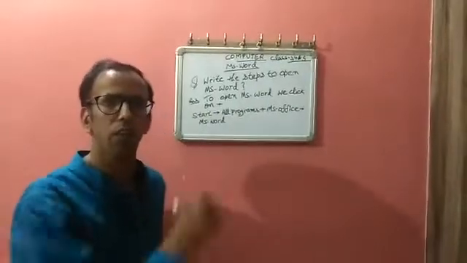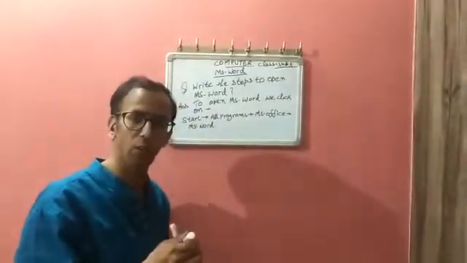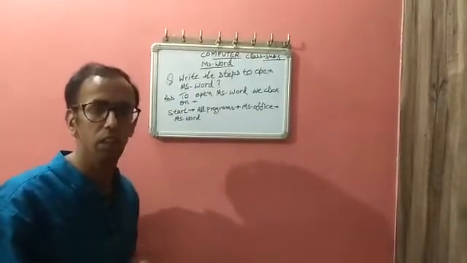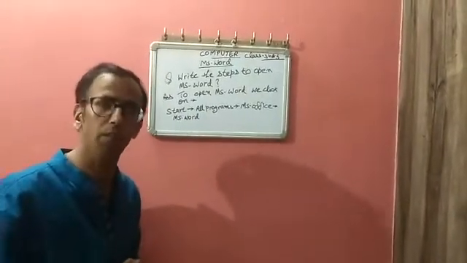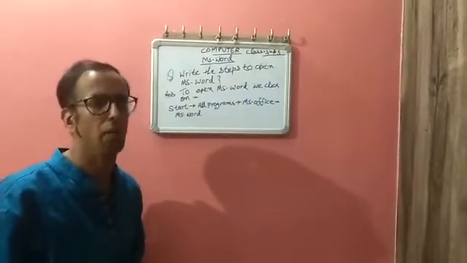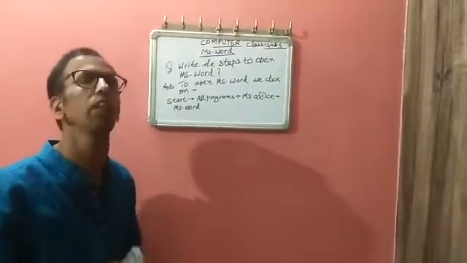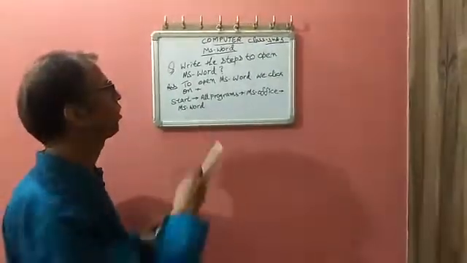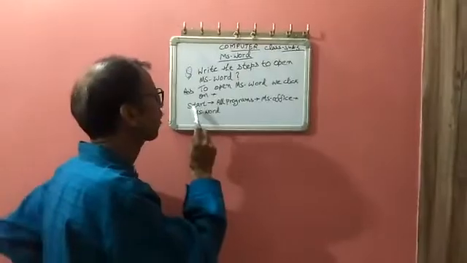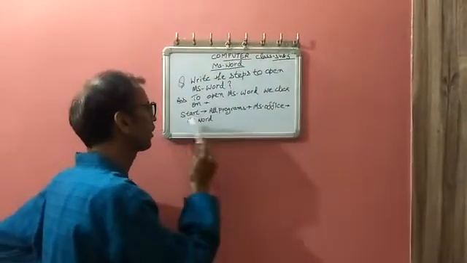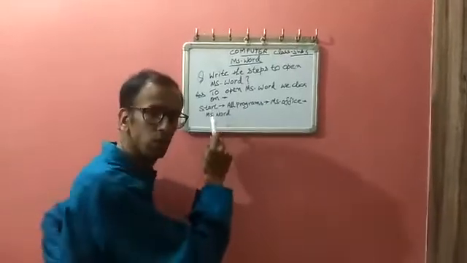I know I've already taught it in the classroom, because from class 1, 2, 3, 4, 5, even in class 6, the same topic is there. I have already taught you, but still we need to refresh our memories. So to open MS Word, we click on Start, then All Programs, then MS Office, and there we will find Microsoft Word.